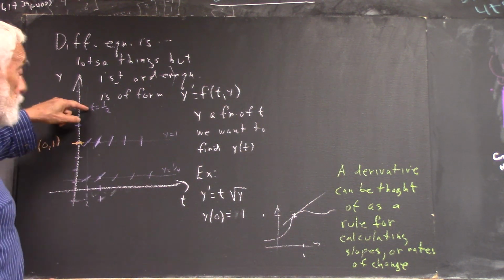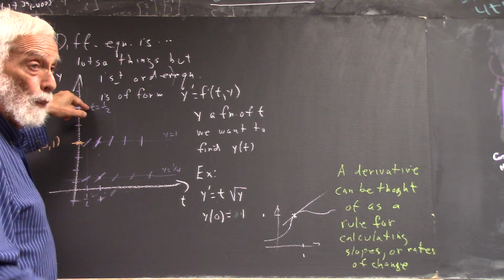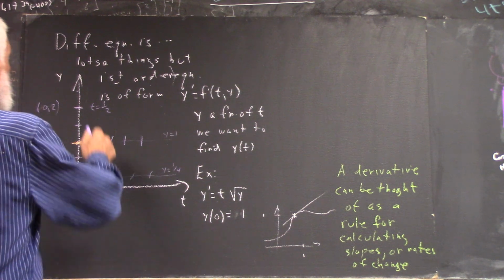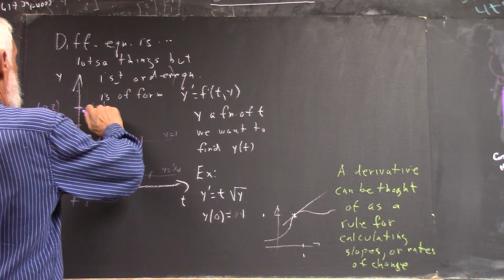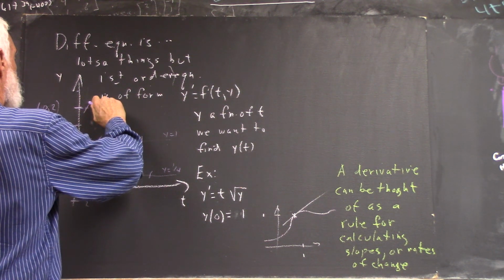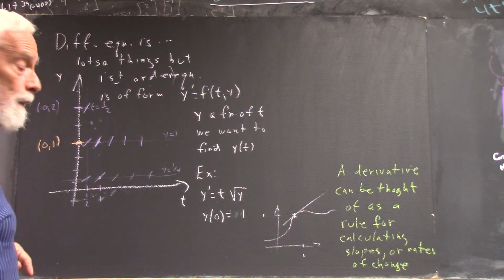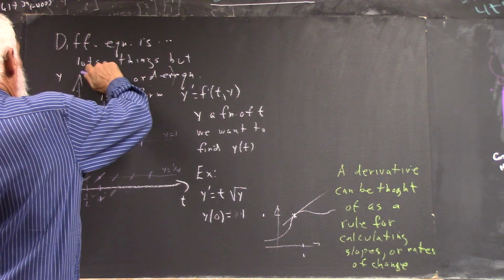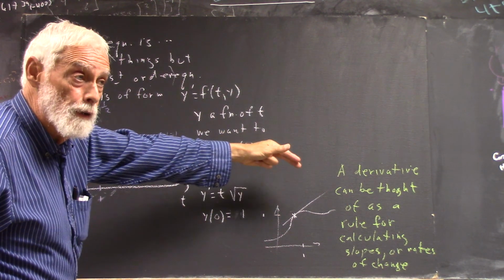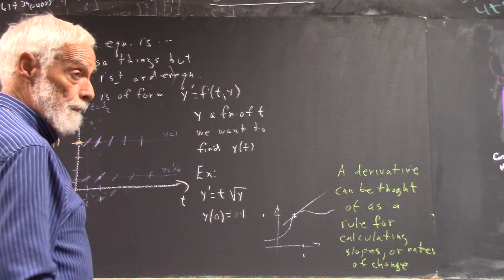You get up to 2, well, the square root of 2 is about 1.4, half of that is 0.7. So you could sketch a slope here somewhere between this one and this one. I'll do my best. So the slopes are getting greater and greater as you go up here, and they're getting greater and greater as you go out here.